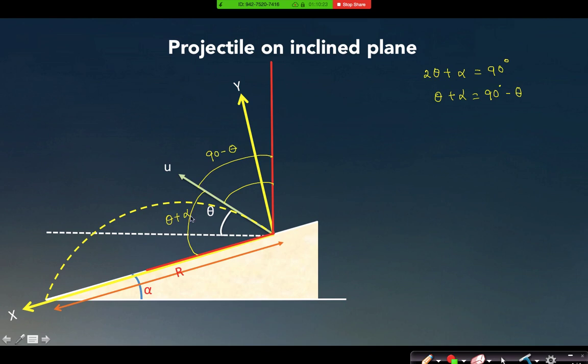Can you see that in order to find the maximum range, in which direction I have to throw the particle? Along the bisector of this vertical line and the inclined plane. As I have said, this always happens, and you should remember this concept.